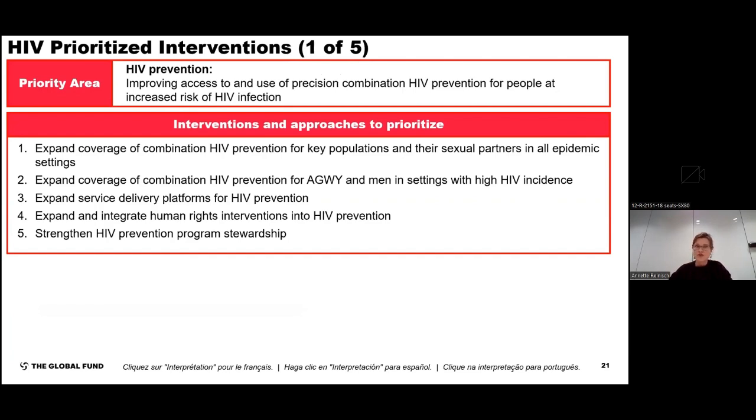First and foremost, HIV prevention, which is about improving access to and use of precision combination HIV prevention for people at increased risk of HIV infection. There's a strong focus now on scale and coverage, on a highly targeted approach, on stronger systems to deliver HIV prevention, and on specific measurable HIV prevention-related results.